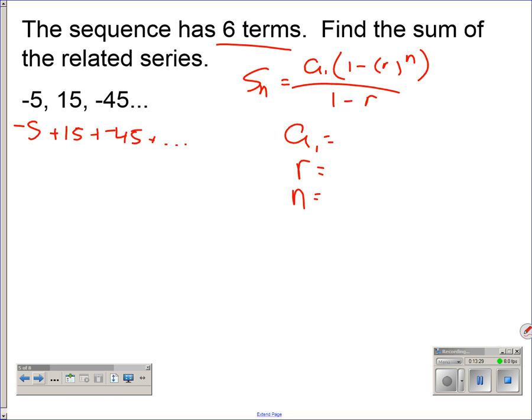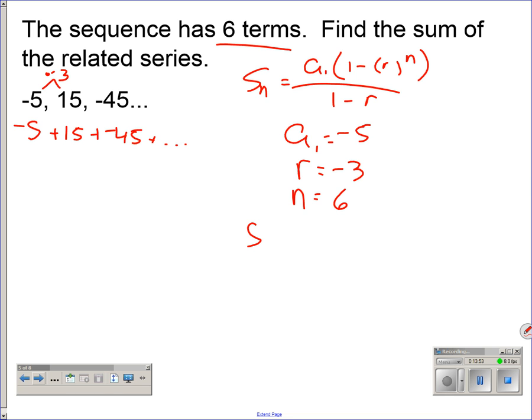Those aren't too bad. What's my first value? -5. What's my rate? What am I multiplying by? Yep, multiplying by -3. What's my n? 6. All right, so if I'm doing this problem, just plug those 3 numbers in.